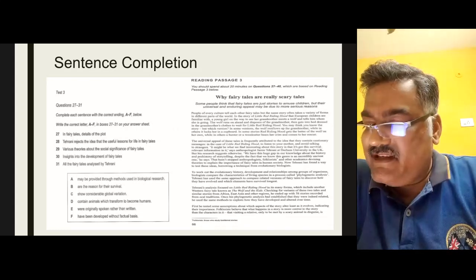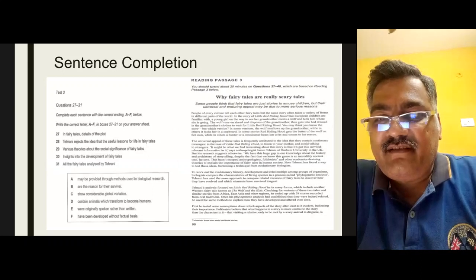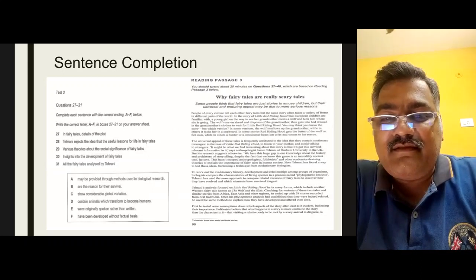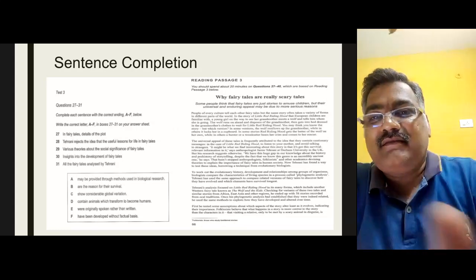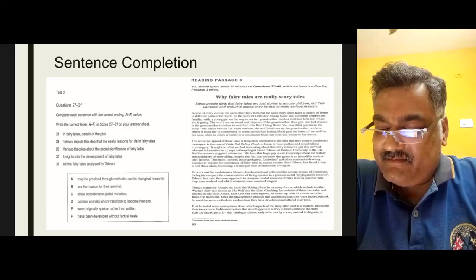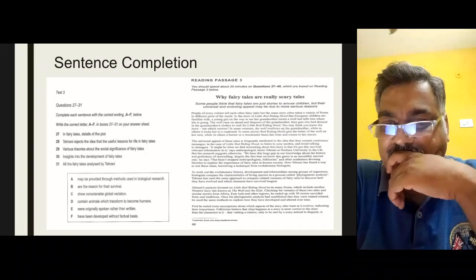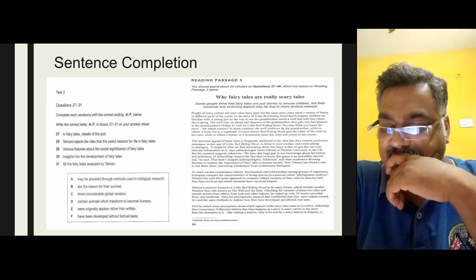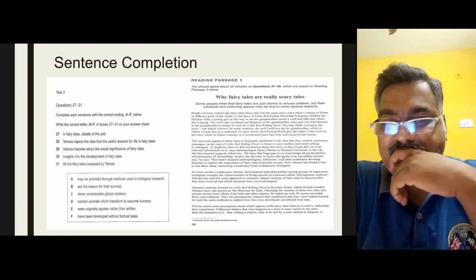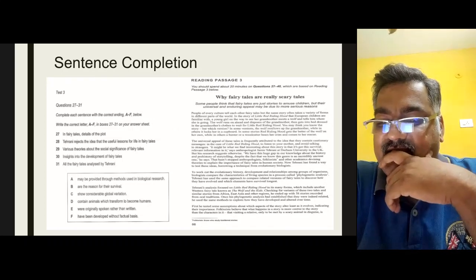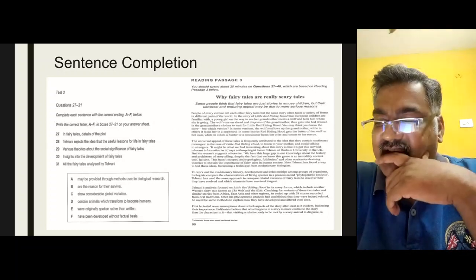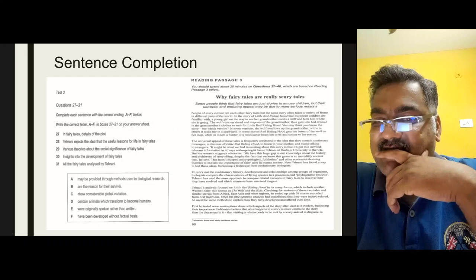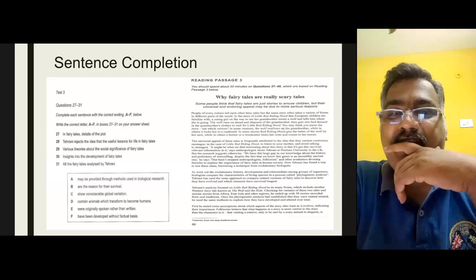Can everyone see the reading passage on the right of the screen? The question again, in fairy tales, details of the plot. It's available in the first or the second part of the passage, the first paragraph or the second paragraph.